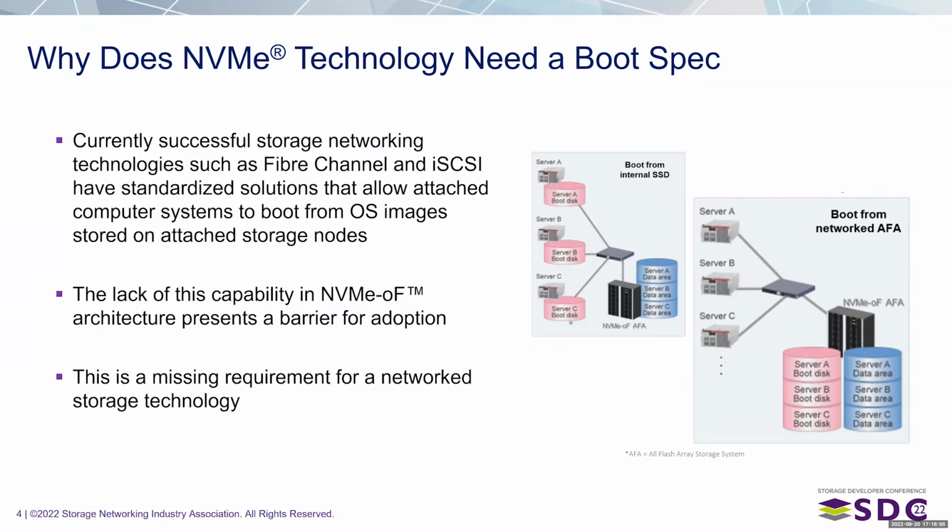So why did Dell, NVIDIA, and many other companies, Intel, Red Hat, HPE, VMware, SUSE, and others, work to make this new capability happen? Frankly, it is because this is a missing capability that NVMe over Fabrics needs to take its place as the leading technology for networking storage. It allows a standardized, meaning multi-vendor, way for you to boot your computer from an OS image stored on the other side of a network.